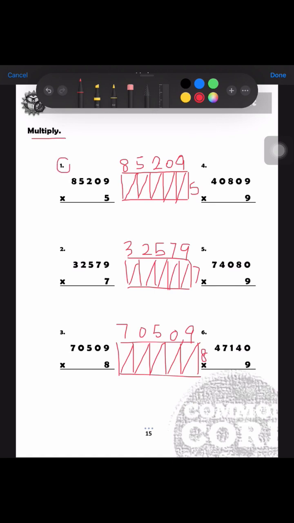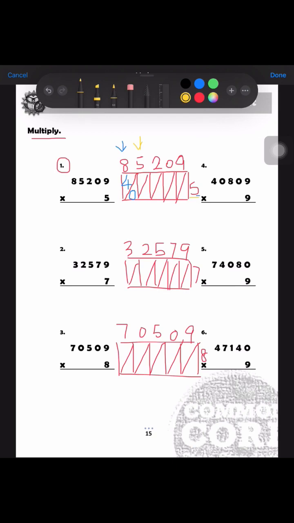Okay, now please turn to page 15 and we need to multiply the numbers. Okay, question 1. 85,209 times 5. We'll use the lattice multiplication again. So first of all, we calculate 8 times 5. So 8 times 5 equals 40, right? So we put 4 in the tens spot and 0 in the ones spot. And next we calculate 5 times 5.